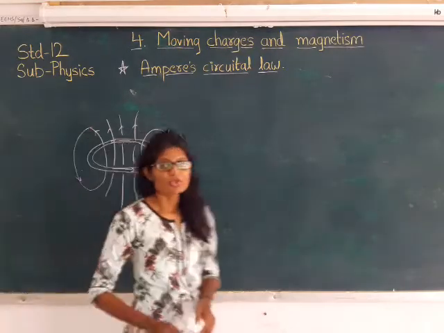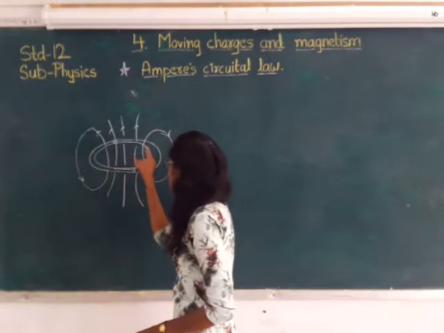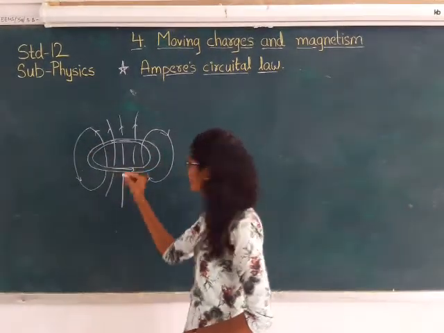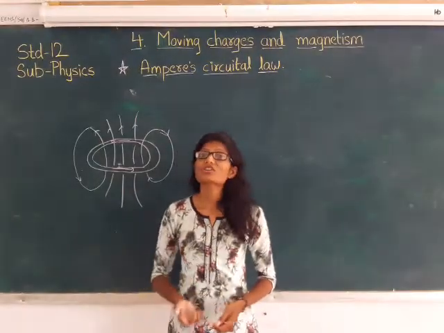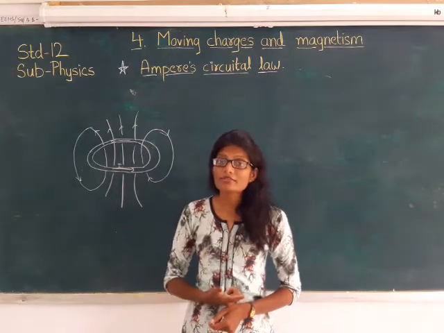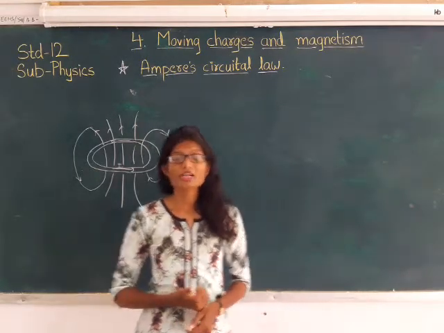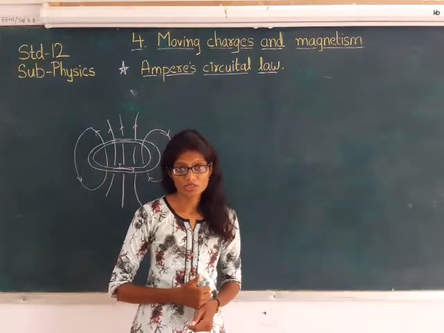The current passes through this wire anti-clockwise. Then what will be the direction of the magnetic field generated around this circular wire forming the closed loop? Over here also we are going to use the right hand thumb rule.